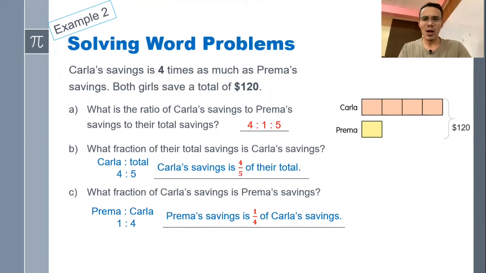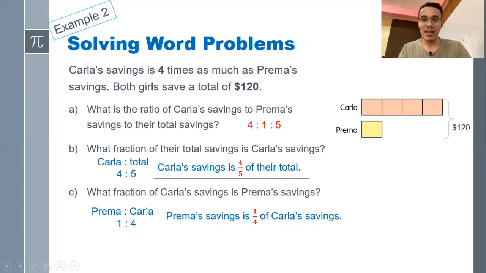I think you are confused right now about which quantity to write first. How did I know that Prema represents the first quantity and Carla represents the second quantity? Read the question properly. What fraction of Carla's savings? We have "of Carla."